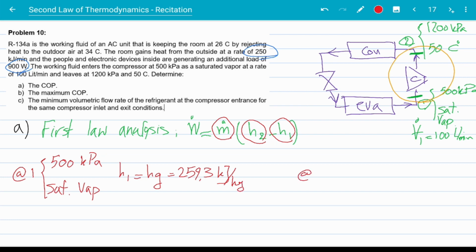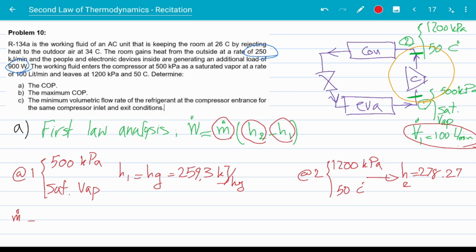At 2, we are talking about 1200 kilopascals and 50 degrees Celsius. Now this is superheated vapor. Check the tables for superheated R134A, and you will see that H2 is 278.27.